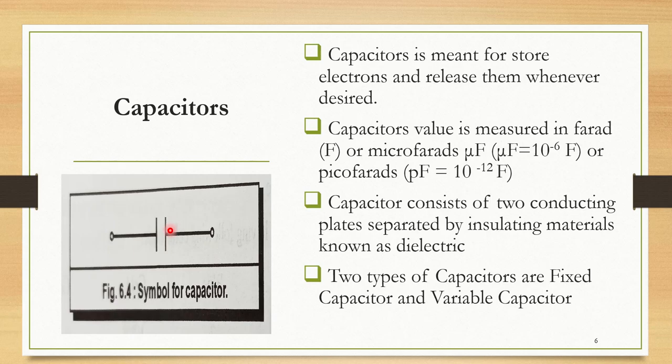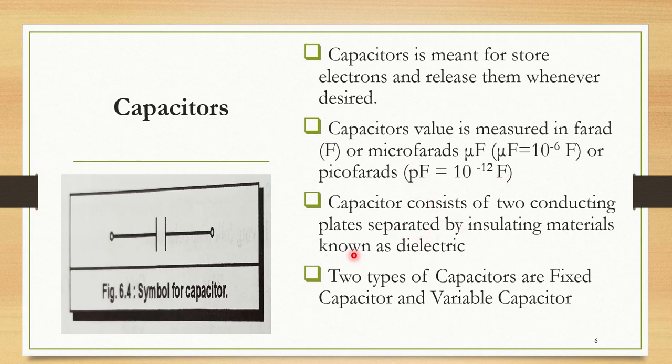So it stores electrons, and whenever required, it releases them. Capacitor's value is measured in farad or microfarads. This is the symbol mu f. Mu f is 10 to the minus 6 farad. Picofarad is even smaller: 10 to the minus 12 farad.